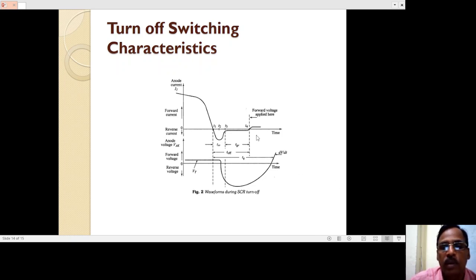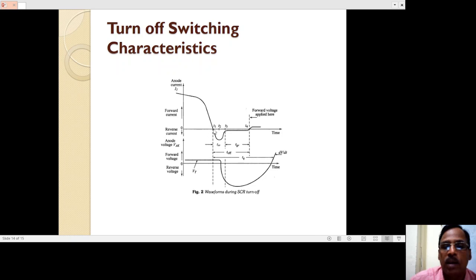Next we have TGR. So TGR is the time period in which charge carriers across junction J2 are removed and it comes to the blocking state. So generally turn off time consists of TRR and TGR. After TRR and TGR, your SCR is completely turned off.